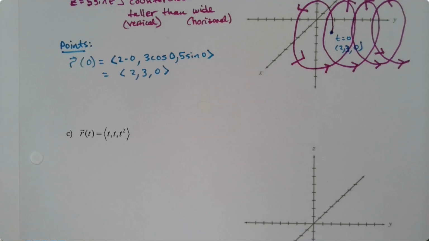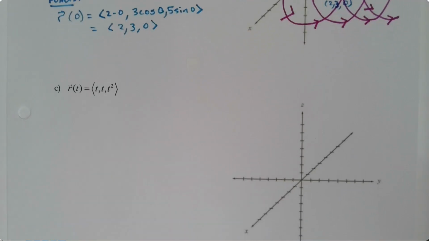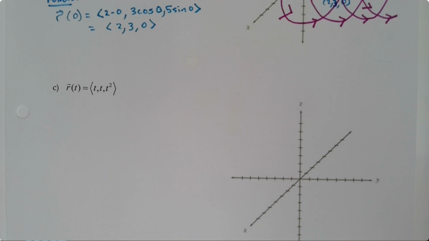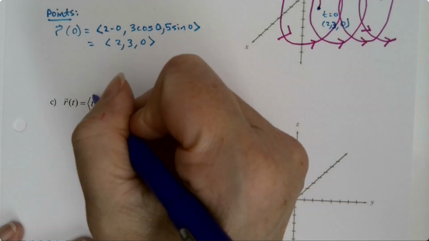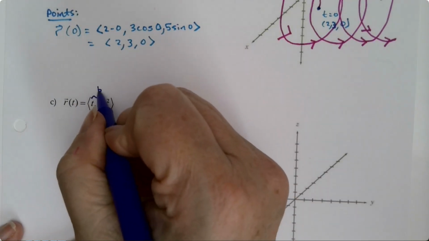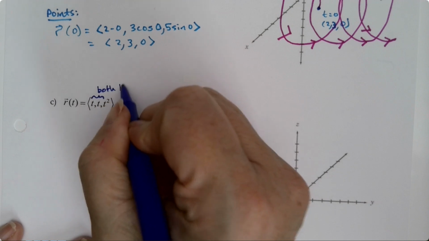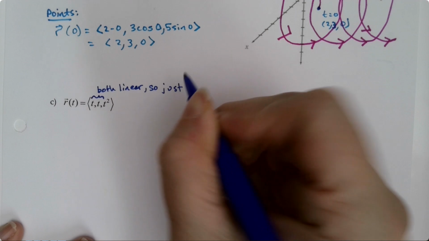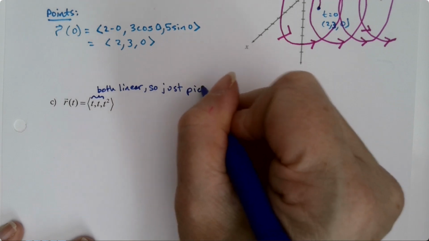All right, so let's go back and look at this last one. So t comma t comma t squared. It's up to us which way we want to think of one, because they're both linear, so just pick one. I'm just going to pick the middle one because I've done the other two as an example.